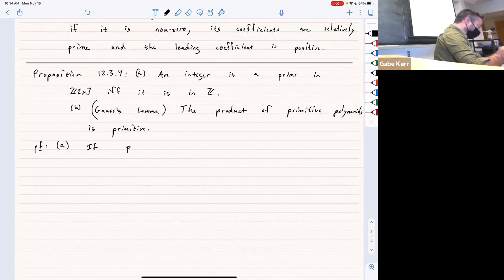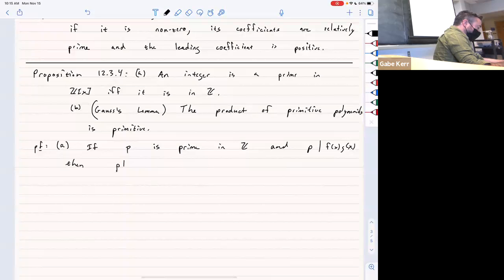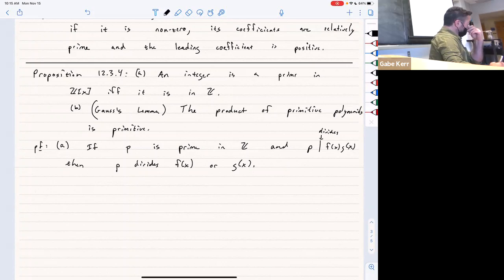One direction today says if P is prime in Z, and P divides the product of two integer polynomials, f and g, then P divides f or P divides g, using the notation again, guys. Okay.